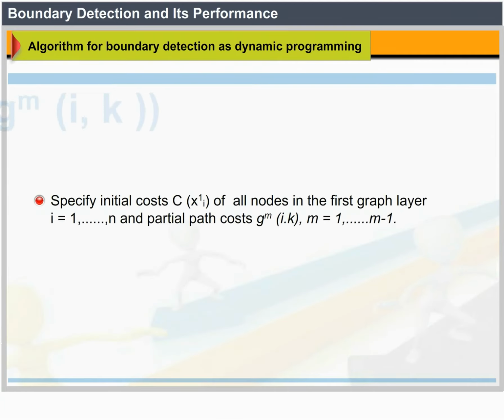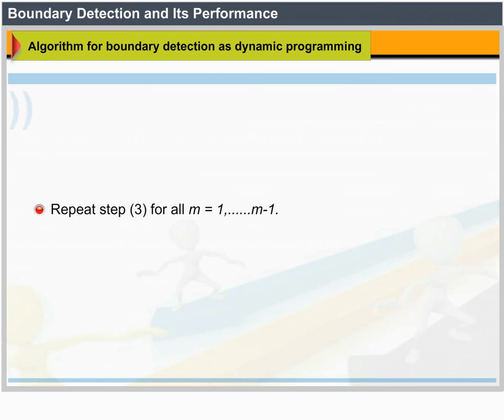Specify initial cost C(x_i) of all nodes in the first graph layer, where i equals 1 to n, and partial path cost g^m(i, k), m equals 1 to M minus 1. Repeat step 3 for all m equals 1 to M minus 1.